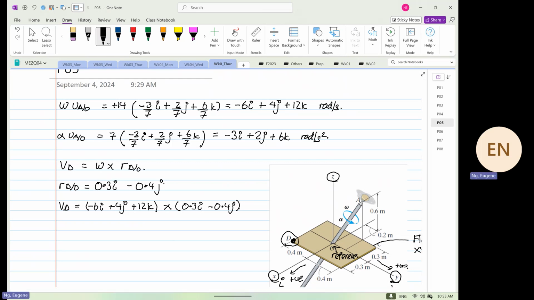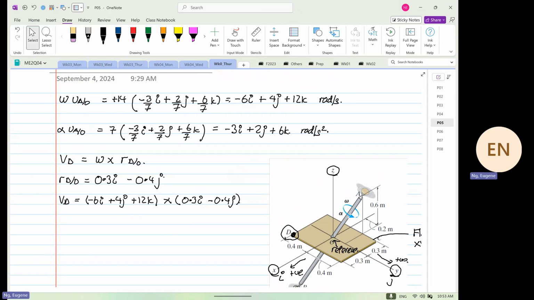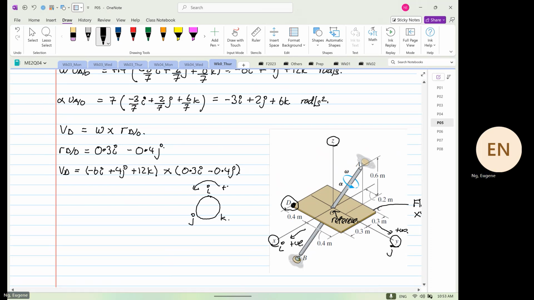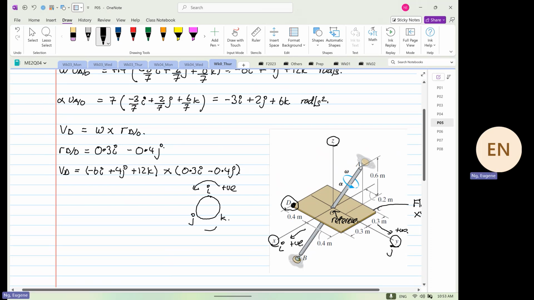When we multiply both of them, we will get the answer. So let me put you to a very interesting circle. Next, you draw a circle, you put I, J, and K, and you put this way as positive, and this way as negative.